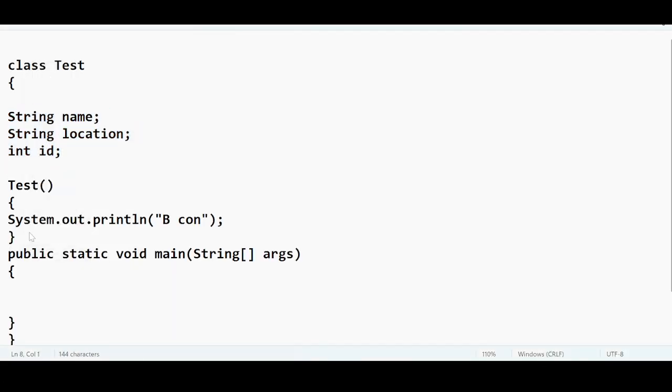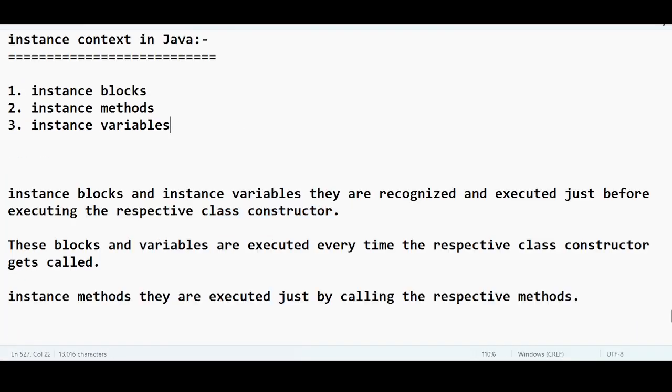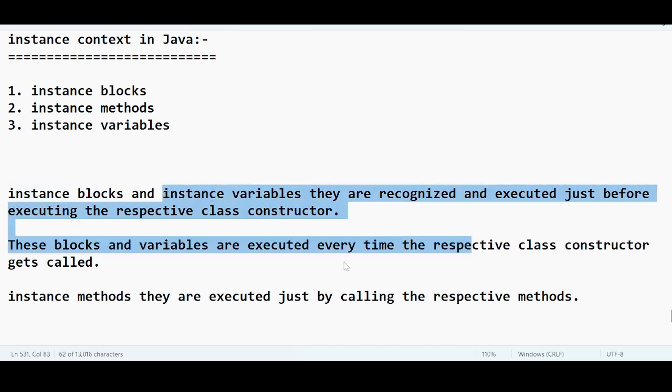I have one constructor. Now what did I just say? Go back to our definition. We have understood about instance blocks. Instance variables are also recognized and executed just before executing the respective class constructor. What does it really mean?